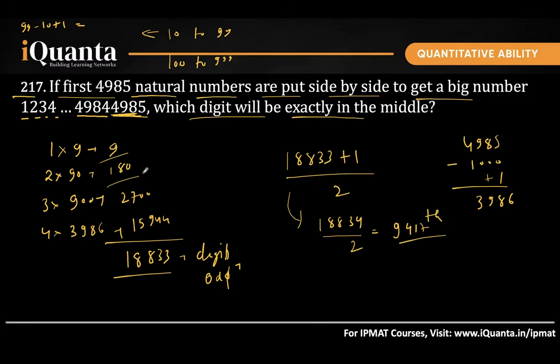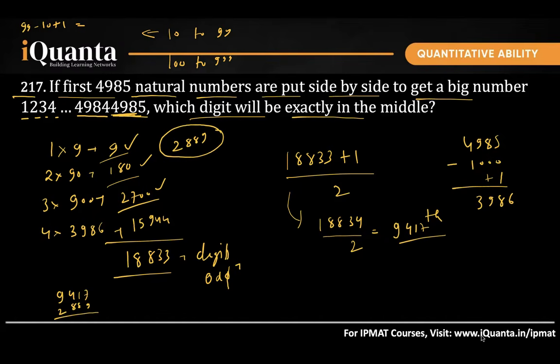So 9, 180, 189, and 2700 will be 2889. And you need to reach the 9417th digit. If I count all one digit numbers, two digit numbers, three digit numbers, I have already covered these many digits. I want to reach the 9417th digit. So how many more digits do I need? 9417 minus 2889.